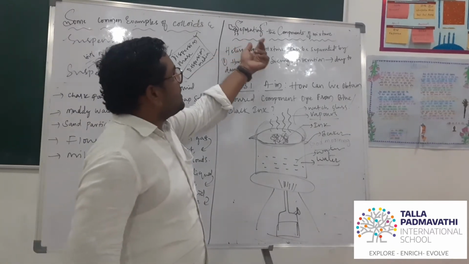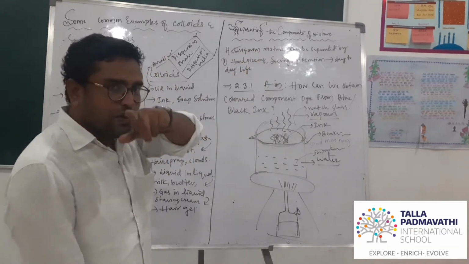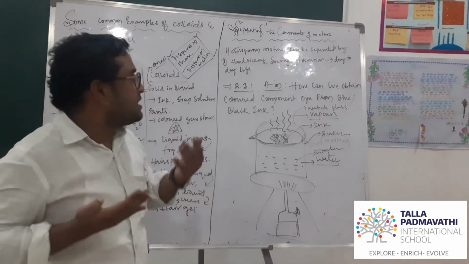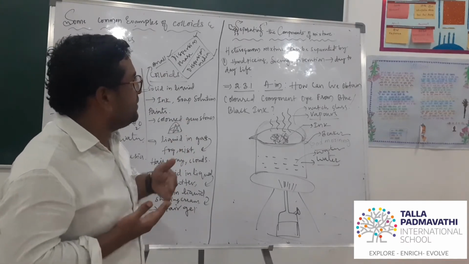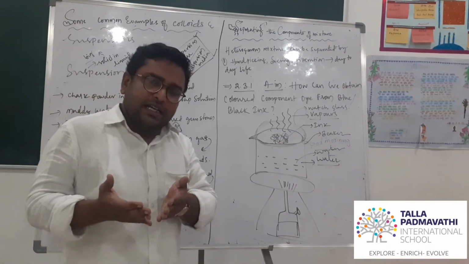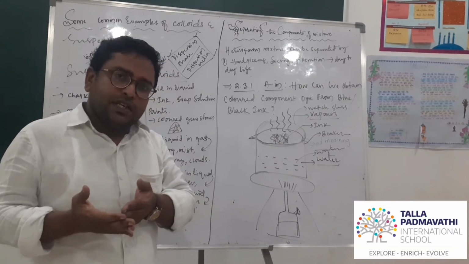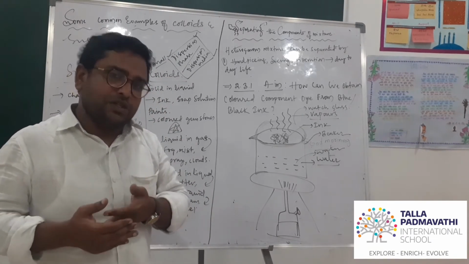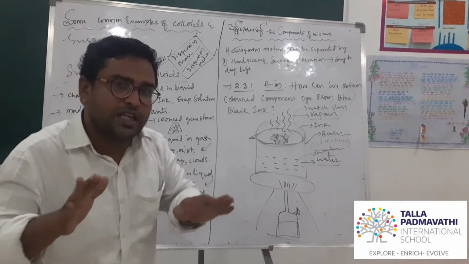Now let's understand the separation of the components of a mixture. As we discussed, suspensions and colloids are the best examples of heterogeneous mixtures. They are not homogeneous.